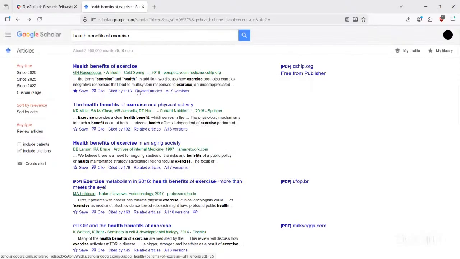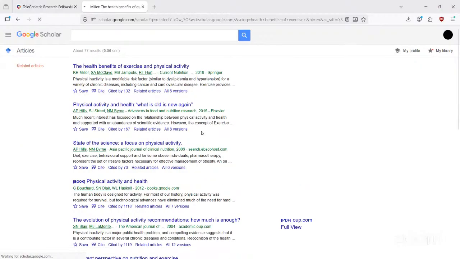Then we have related articles. Let's say that I'm interested in this study, the health benefits of exercise and physical activity. Once I opened it, I found that it's very relevant to my argument. So I just click related articles, and it will show me all studies that are very similar to the study that I have clicked.